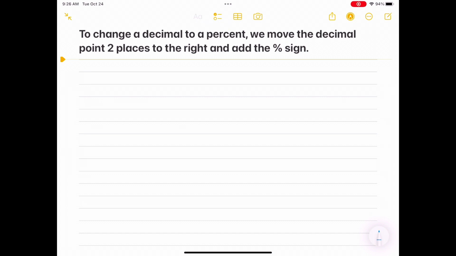To change a decimal to a percent, we do the opposite. We move the decimal point 2 places to the right and add a percent sign. The decimal 2/10, or 0.2, written as a percent, we move the decimal 2 places to the right to end with the number 20, and we add a percent sign.